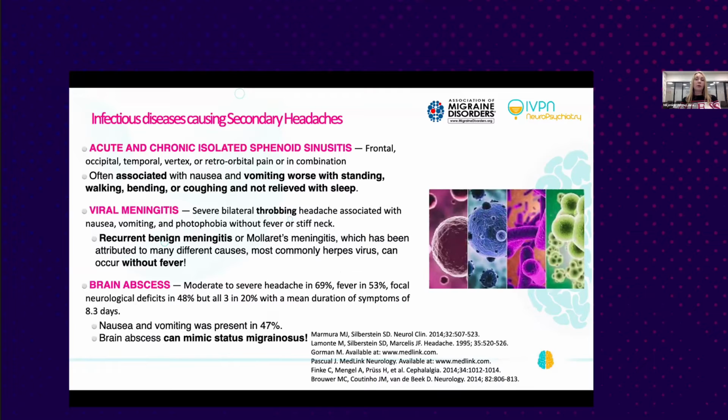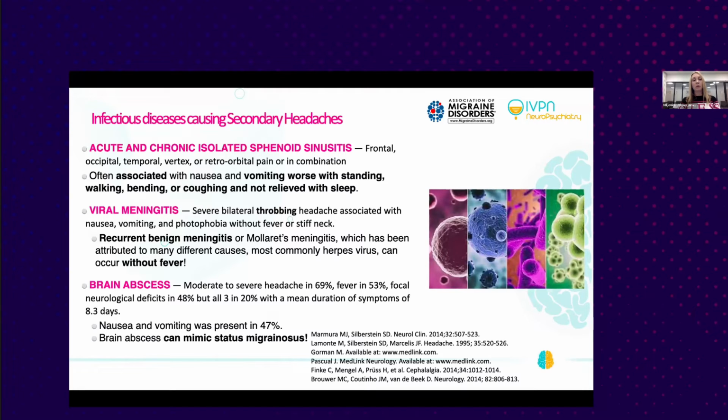The second most common cause in the ER after migraine, or the third actually after migraine, we have infectious diseases. So usually we see people with isolated sphenoid sinusitis that have some specific location determinants and also fever and some lab work and so on.